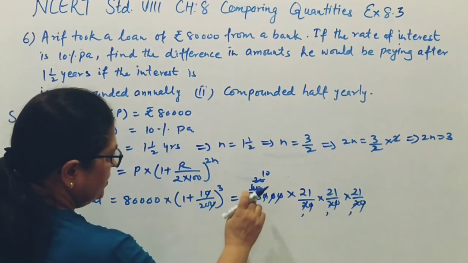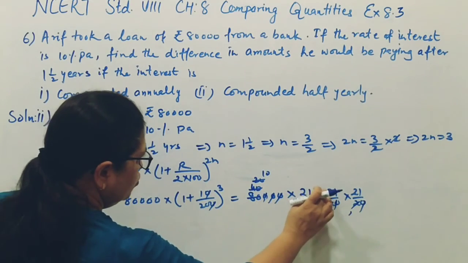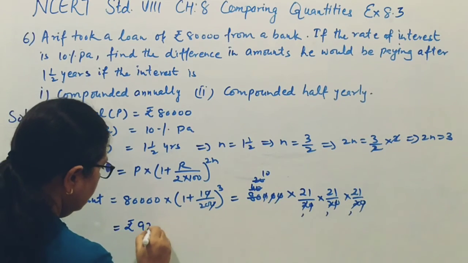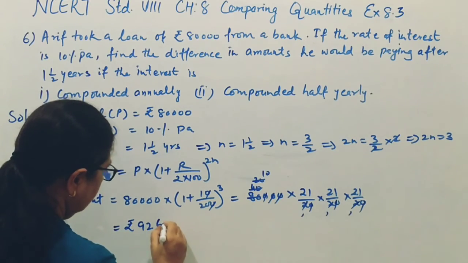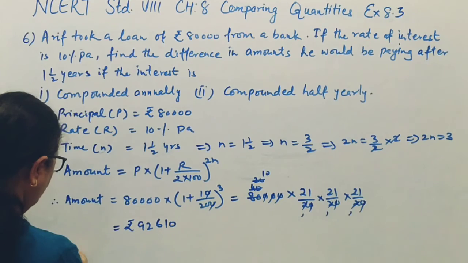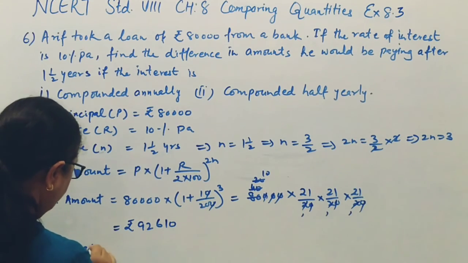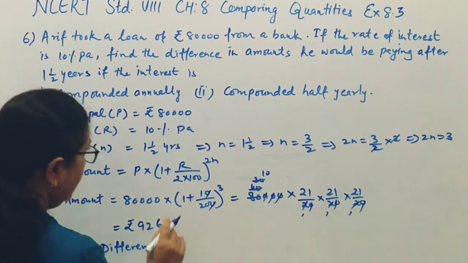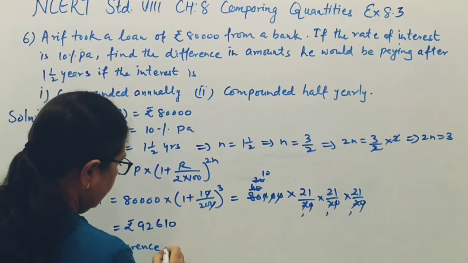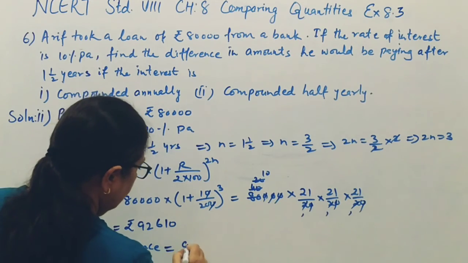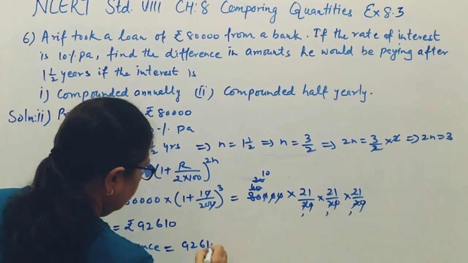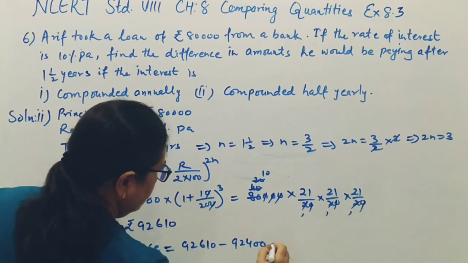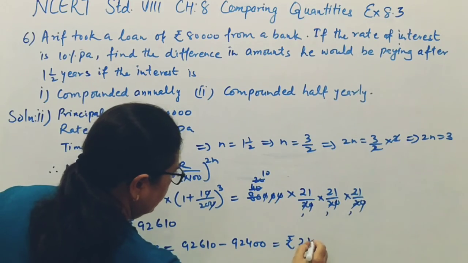So after cancellation we get 10 into 21 into 21 into 21, that is rupees 92,610. Therefore required difference in the amounts he would be paying after 1.5 year is 92,610 minus 92,400, that is rupees 210.